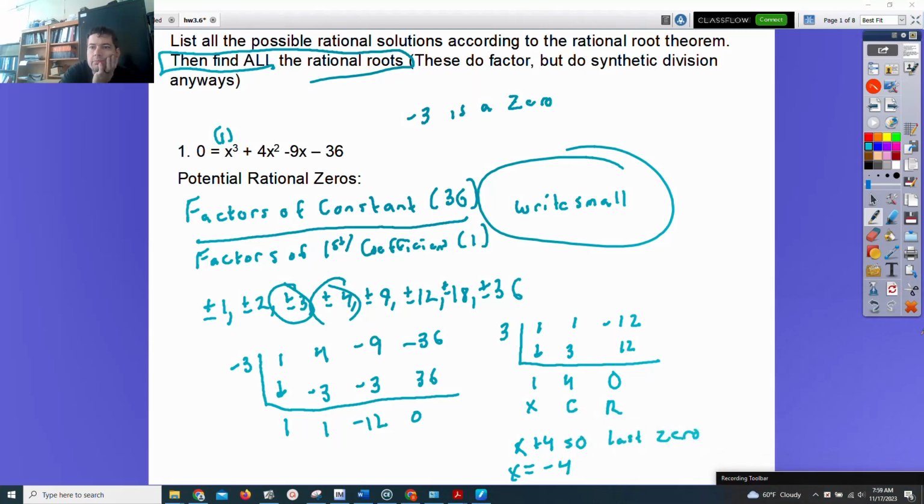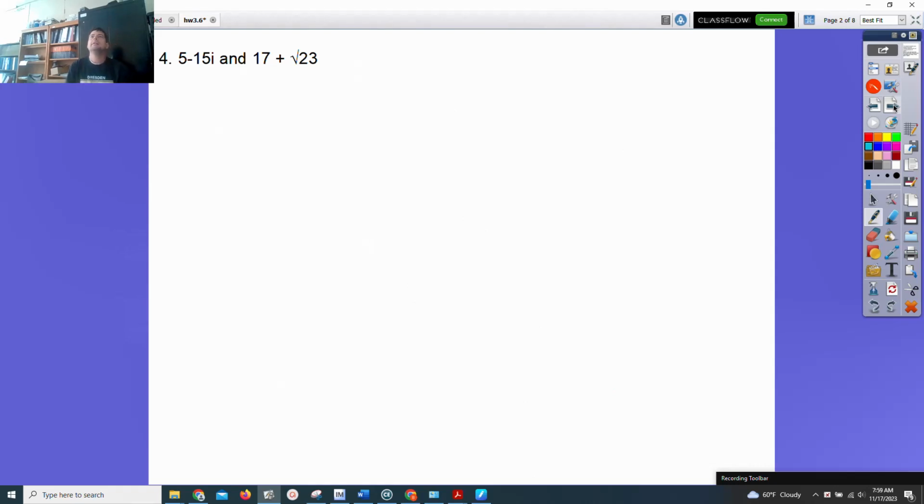All right. So moving forward, the task of this one was to find or write 2 other zeros. That's your goal here. It would help if I would use my stylus and not my finger. You're supposed to write 2 other zeros.